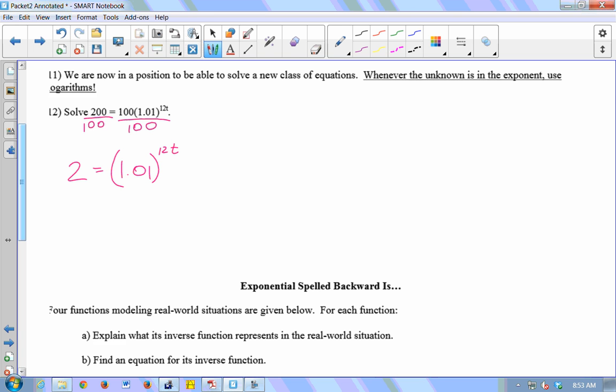So to get the variable out of the exponent, I can take a log of both sides. And I can use any log I want. Usually we use the common log or the ln because we have that button on our calculator. Okay, but I can use any one I want. I tend to use ln.